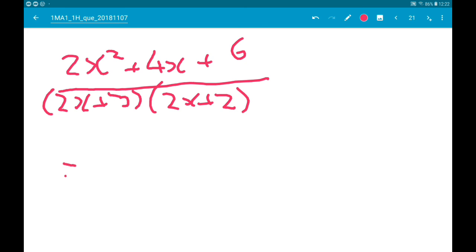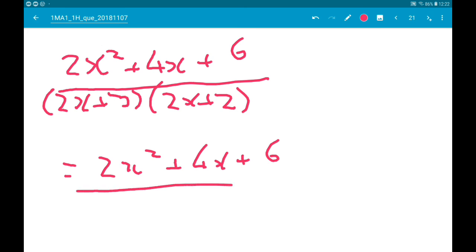This is 2x squared add 4x add 6, over, now if we bring the 2 out, we have 2 times (2x add 3) times (x add 1).